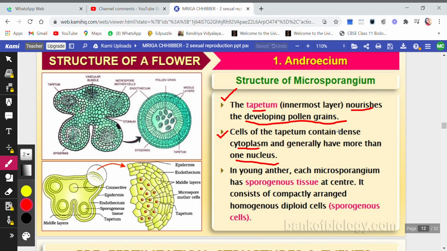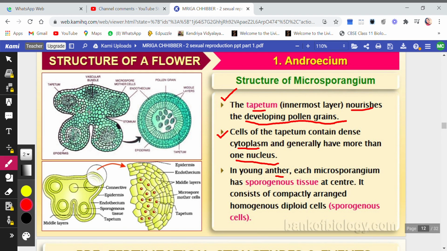Now in a young anther, each microsporangium has sporogenous tissue at the center. If you see at the center, sporogenous tissue is present. It consists of compactly arranged, with no space between them, homogeneous diploid cells.